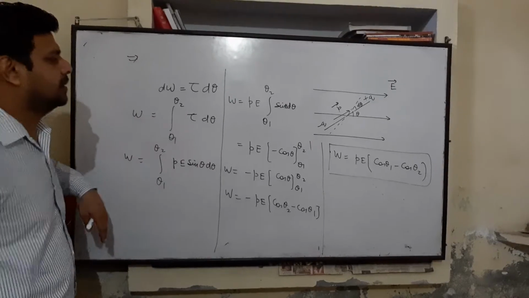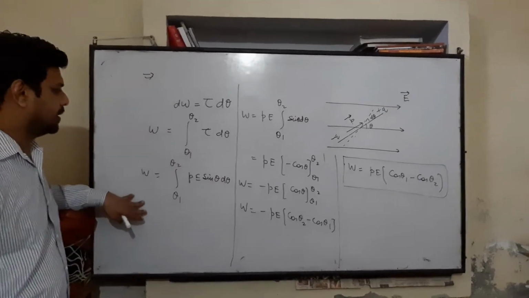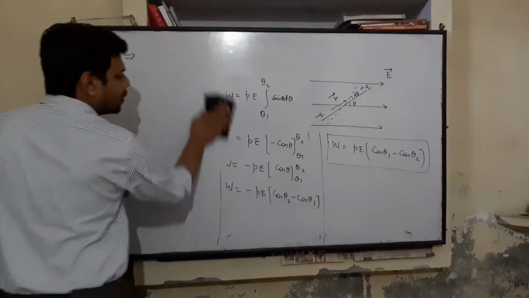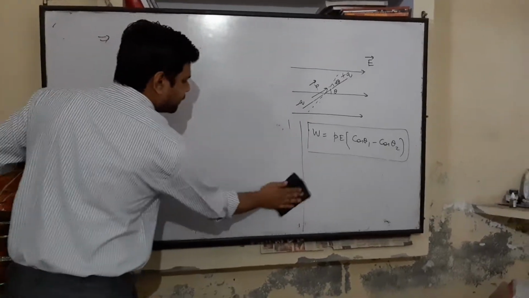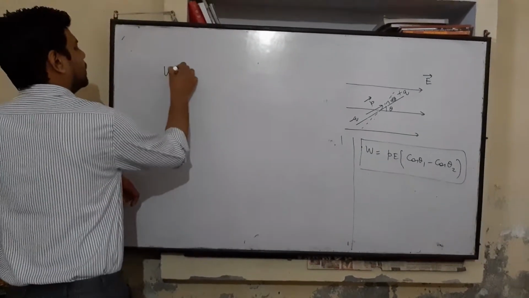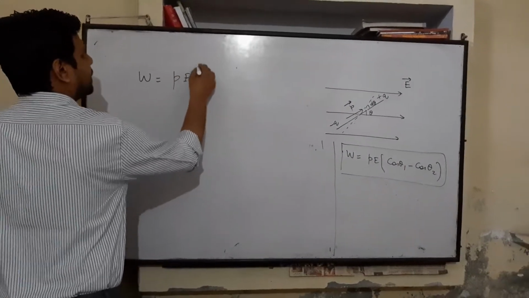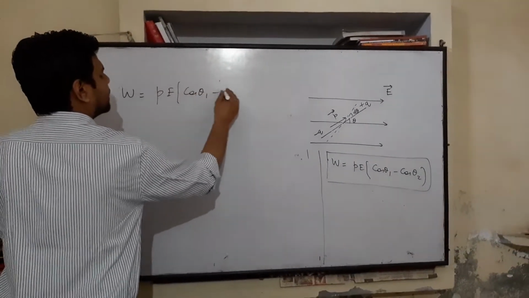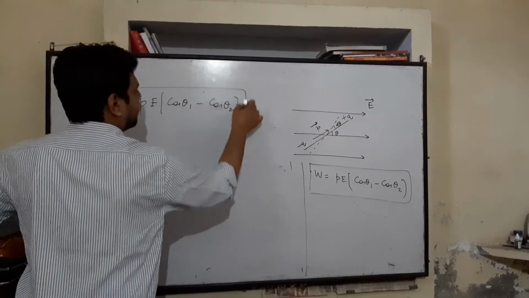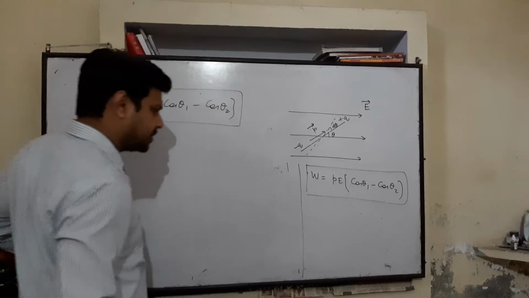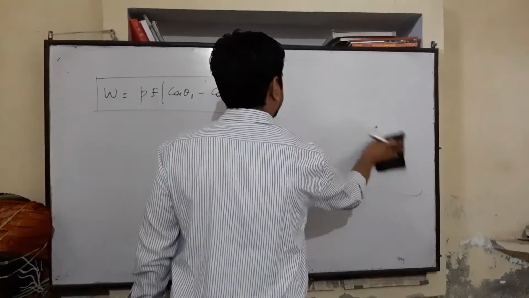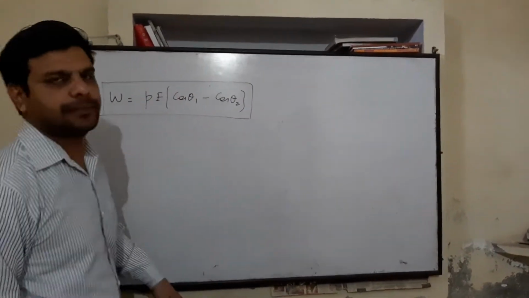This is the expression for calculation. Now, how can we apply it? The formula is W equal to PE into cos theta 1 minus cos theta 2. This is a very important expression, the general expression for work done.